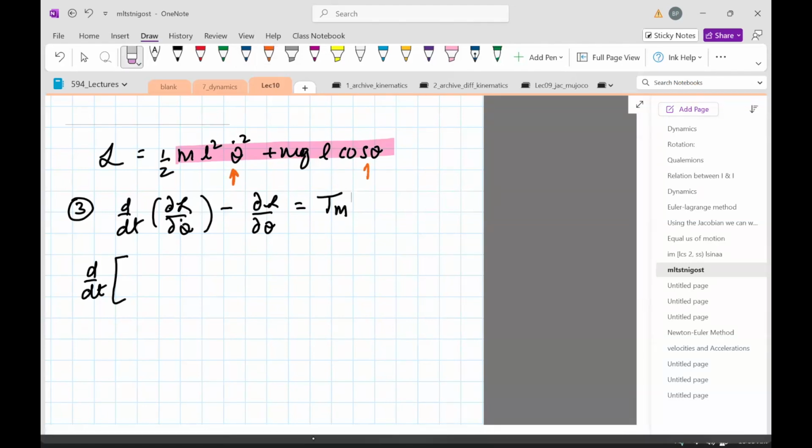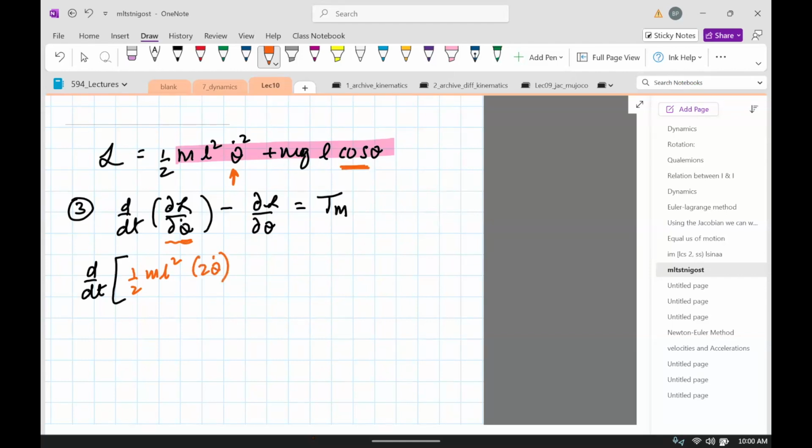There's no theta. So when you're doing this differentiation, you need to treat everything other than theta dot as a constant. So when you take the derivative, that is this part, you will get 0.5 or half ml square. And then the derivative of theta dot square with respect to theta dot is going to be 2 theta dot.